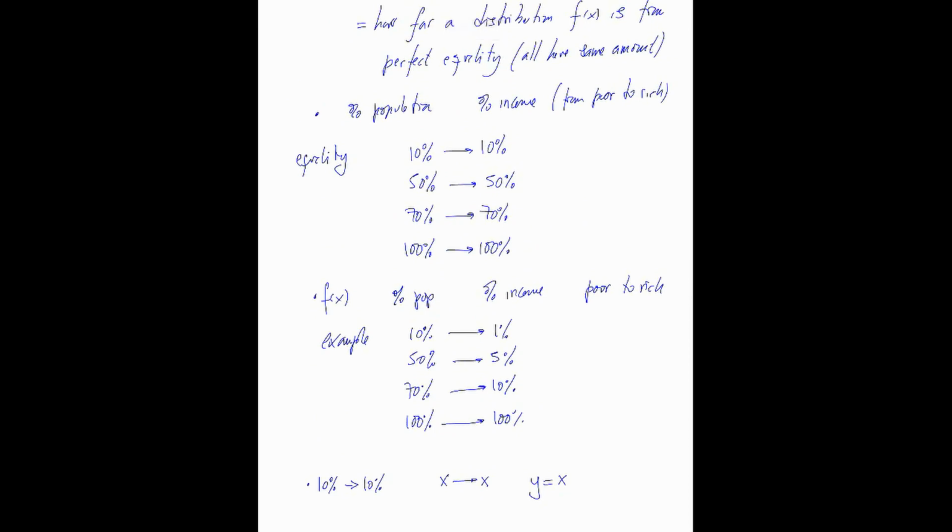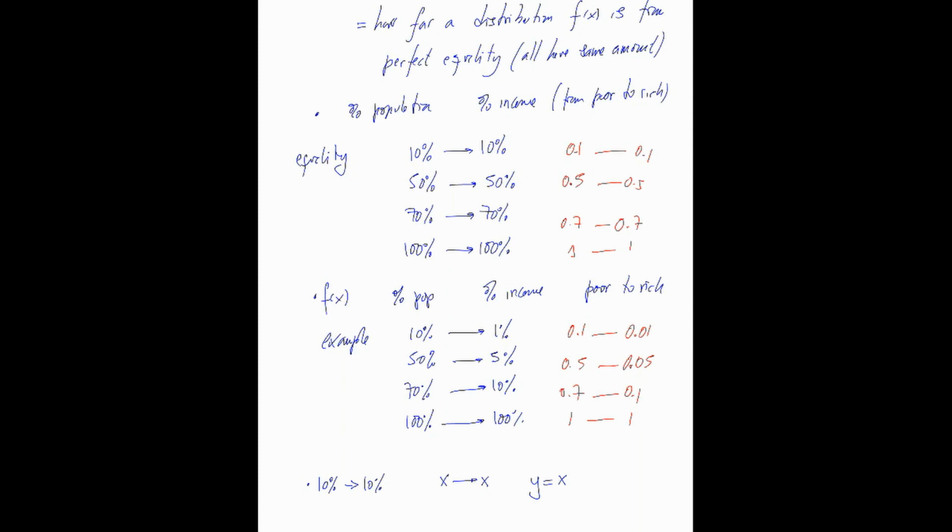So in our example it will be 0.1, 0.5, 0.7, and 1, and similarly 0.01, 0.05, 0.1, and 1. This is 1%, which is 0.01, 5%, 0.05, 10%, 0.1, and 100%.